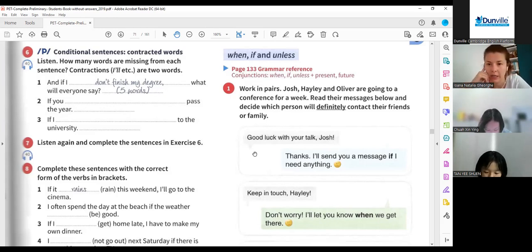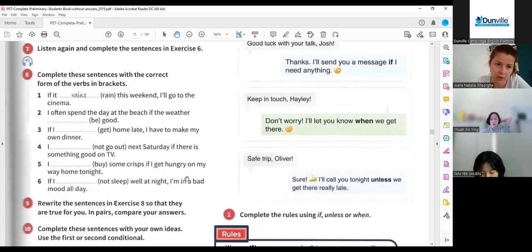Very good, Tan. And the last one, Singing, did you get a chance to hear it? If I were you, I'll talk to the university. I'd talk to the university. So past and would, the second conditional. I'd talk. Very good, girls.